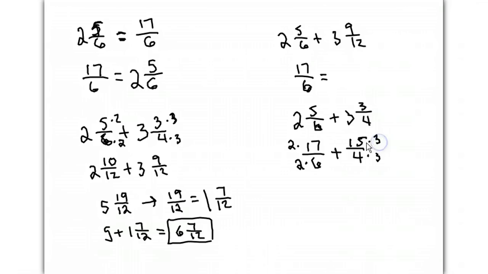And I have to multiply the top also. So what I have is 34 over 12. And then when I multiply 15 times 3, that gives me 45 over 12. So now that my denominators are the same, I can add the numerators up. So I have 34 plus 45, and that gives me 79 over 12.